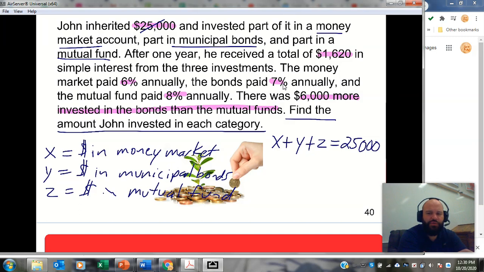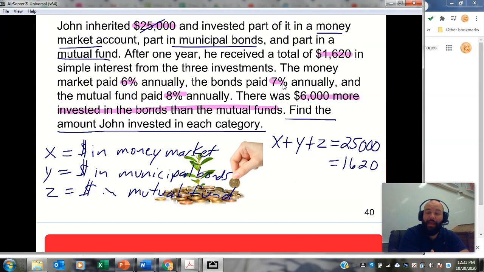Now the next one's a little trickier. The next one is going to have to deal with the amount of interest. We do see that the total amount of interest that we earned is $1,620. So we know this is going to be 1,620 like this. But how you calculate interest, think of how you calculate tax. If whatever you're buying is $10, in Allegheny County there's a 7% sales tax on that.